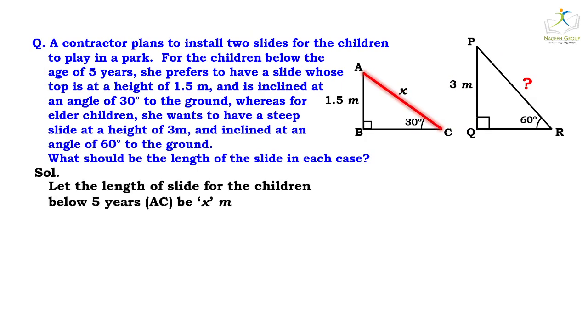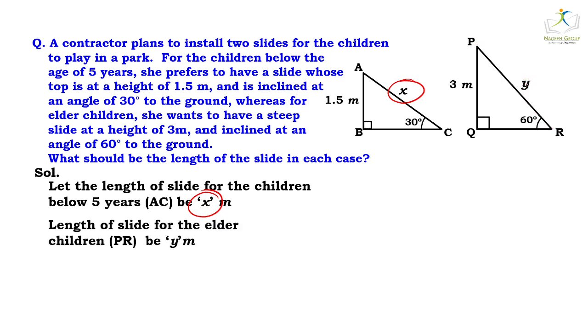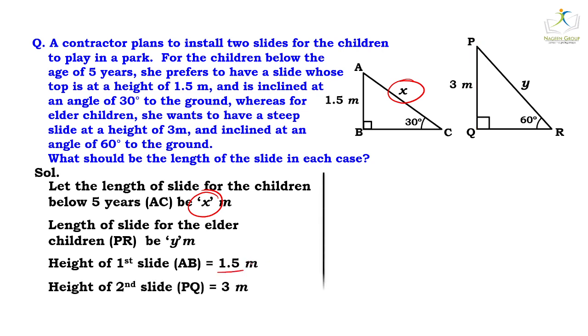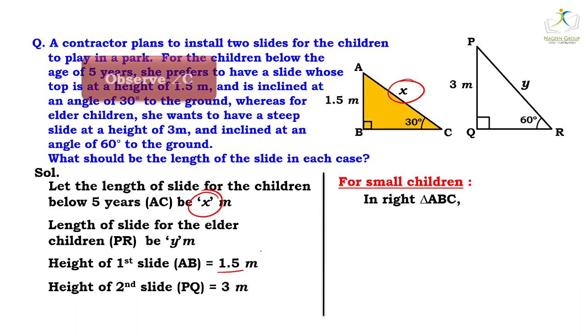So here first, let the length of the slide for the children below 5 years be x. मान लेते हैं ये जो slide है वो x मीटर होगी, right? Now for the elder we consider it equal to y. For the first slide the height is given 1.5, for the other it's given 3 meter. Now for the small children, we know in right angle triangle ABC, observe angle C is 30 degree.